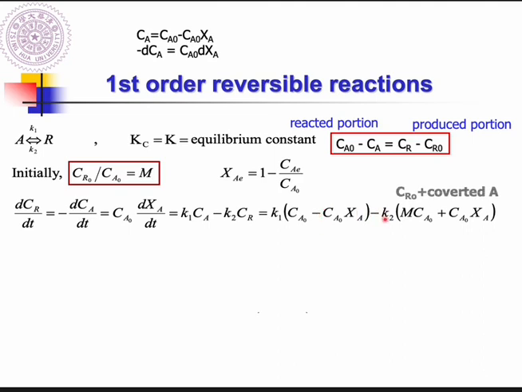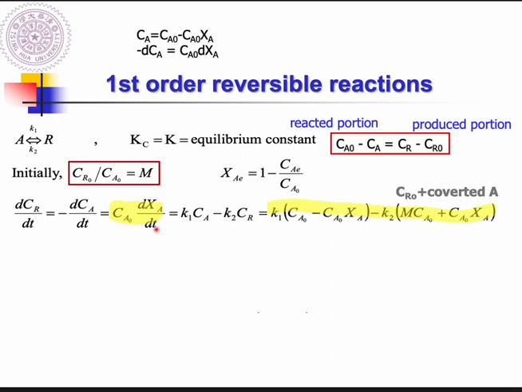And minus K2 CR, what's CR? CR should be CR0 plus the produced portion, right? CR0 equals M CA0, plus the converted A, which is CA0 XA, so the produced portion is shown here. So now I have these equations in terms of XA and dt.